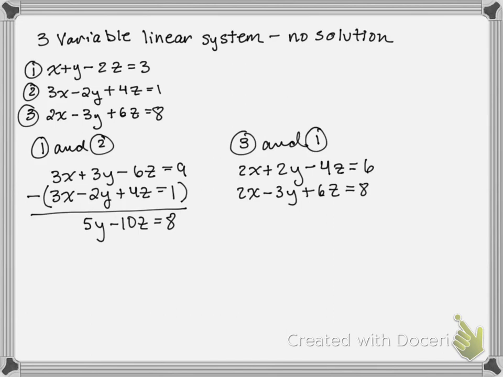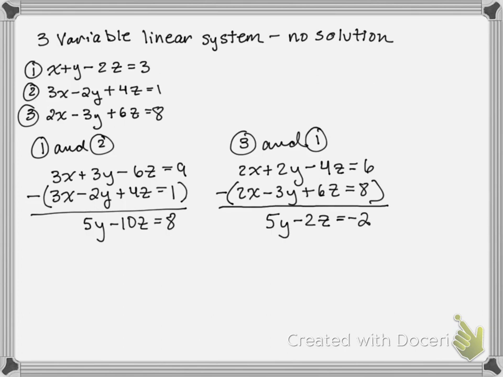And I'll bring in the second equation, and we are ready to subtract these equations from each other to eliminate the x term. And that'll give us 0x, and then the y and the z term.